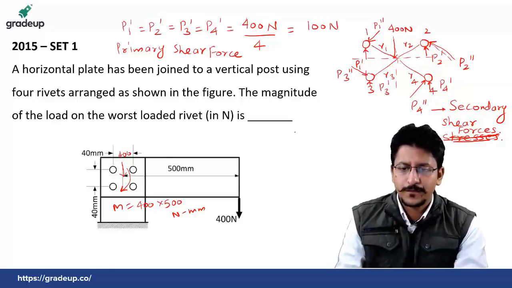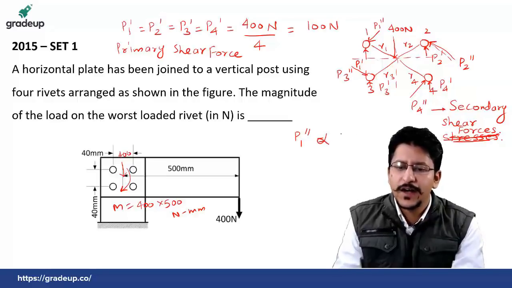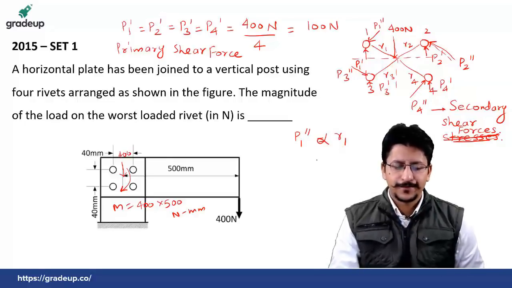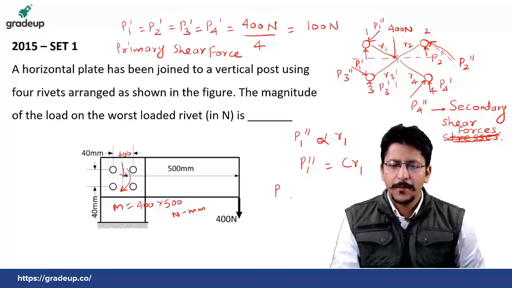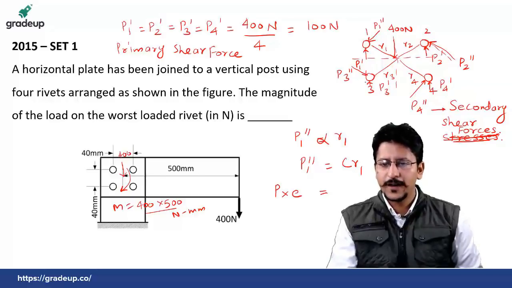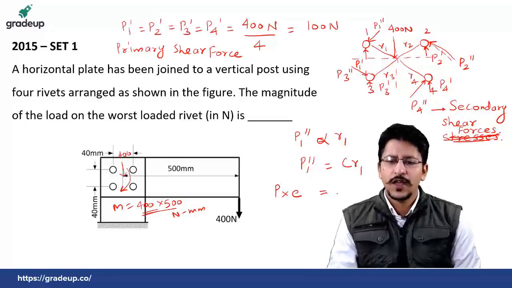If we consider any one of them, they are directly proportional to their distance from the center of gravity, that is, directly proportional to r1. So P1 double dash equals a constant of proportionality times r1. Also, P into e is the applied effect, and the effect induced due to the forces is equal, so their moments will be equal.